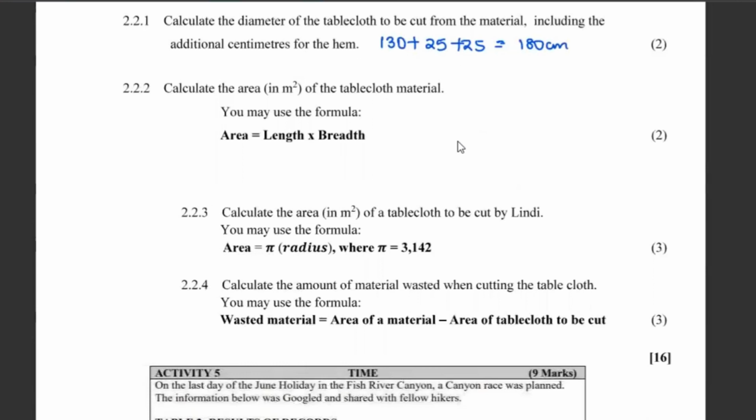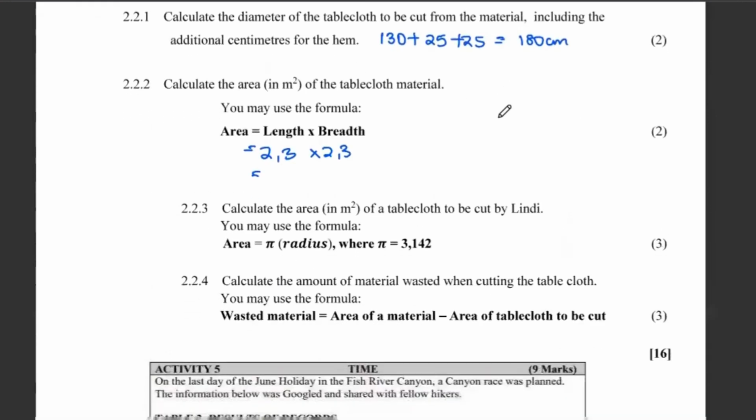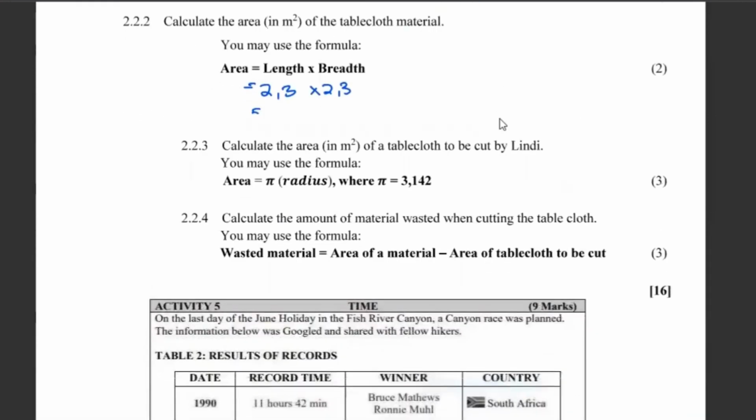So we shall say 2,3 by 2,3. It's not 23, it's 2,3 meters by 2,3. We said it's a square, so it will become 2,3 squared. And the answer here becomes 5,29 meters squared.